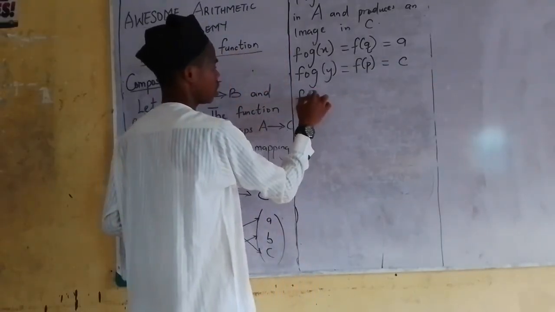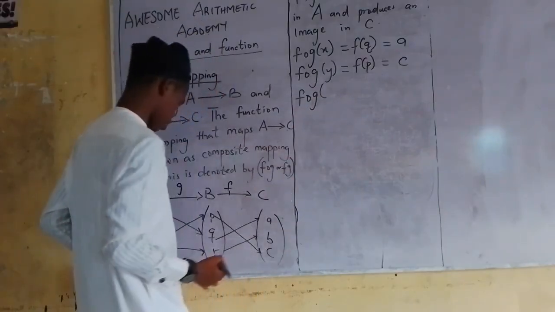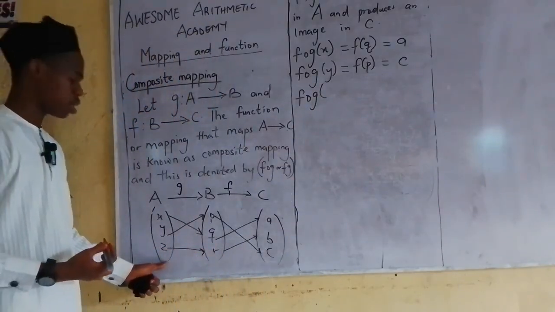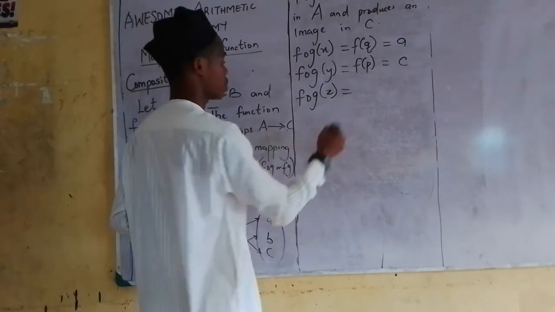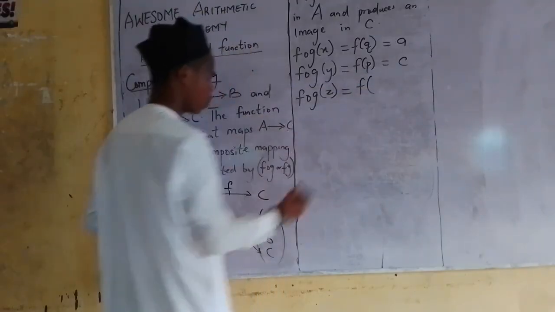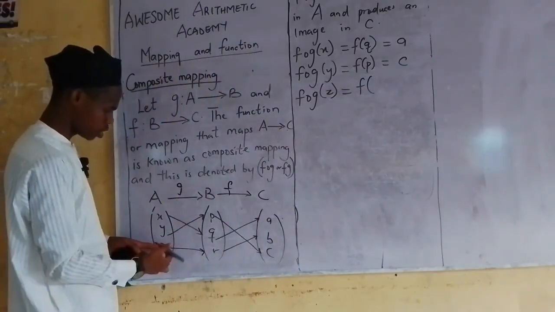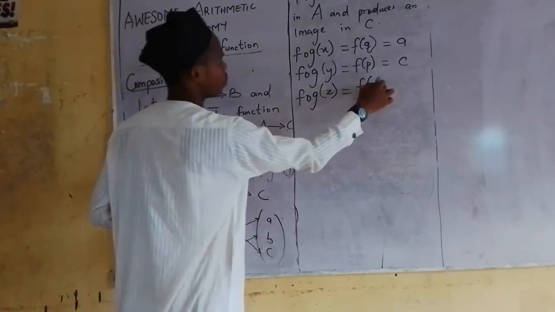And the last one, f of g of z. What is g of z? When g takes z, it will produce r. That will be f of r.